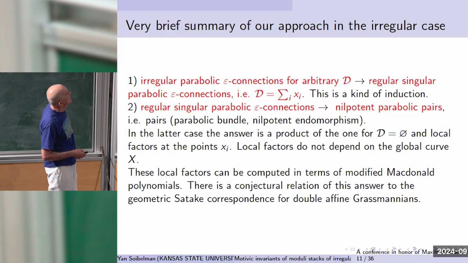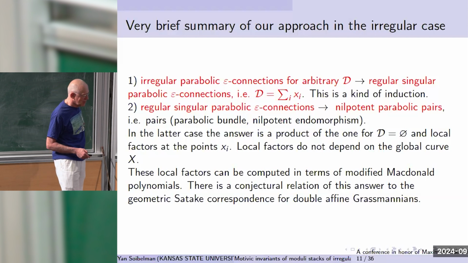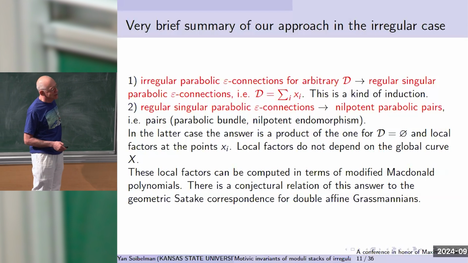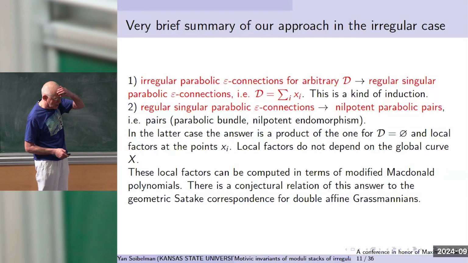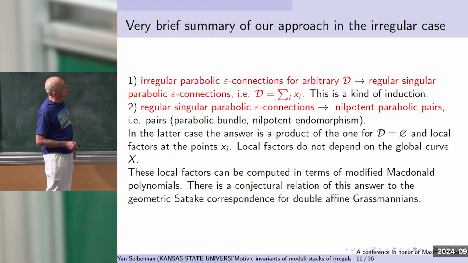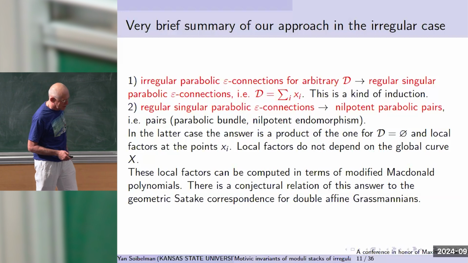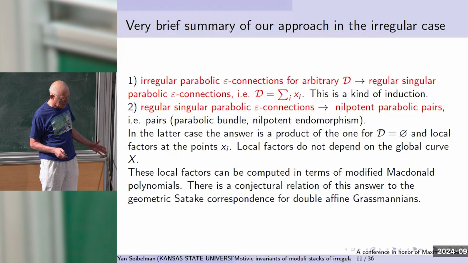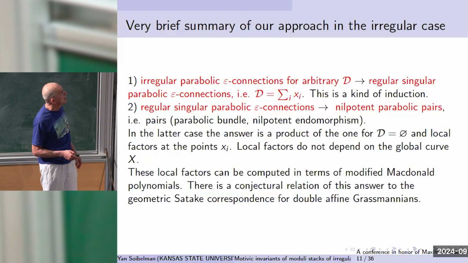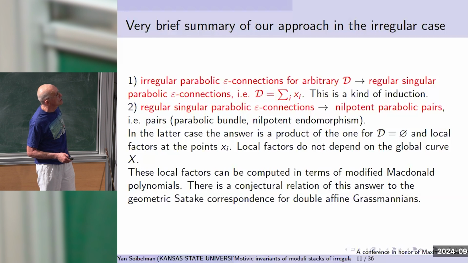Now, when we are reduced to the regular singular case, this is an interesting story by itself. It's our 2019 paper, for example, for computations of the stack of regular singular Higgs bundles.